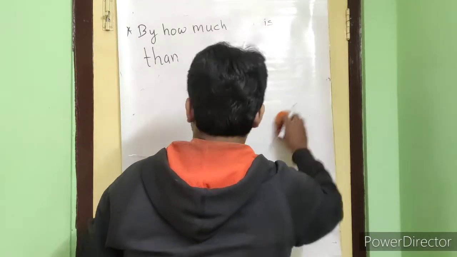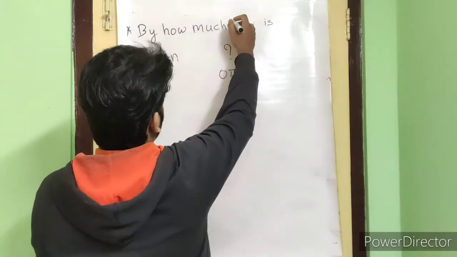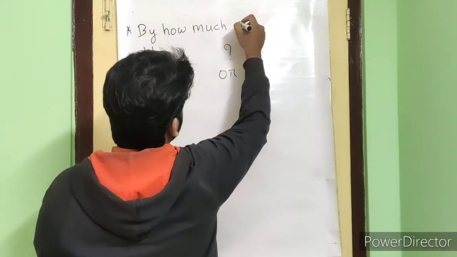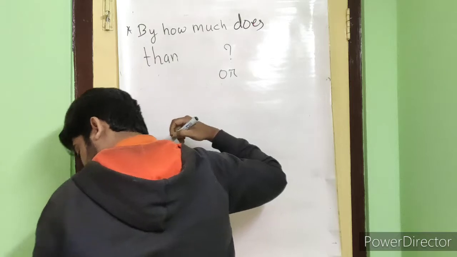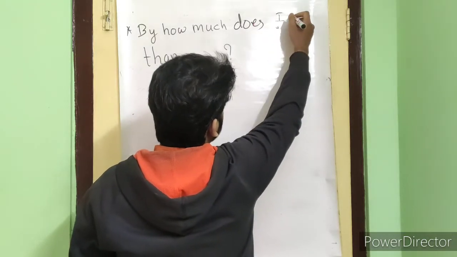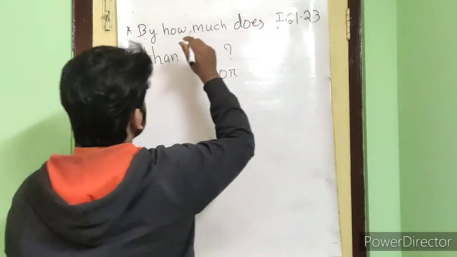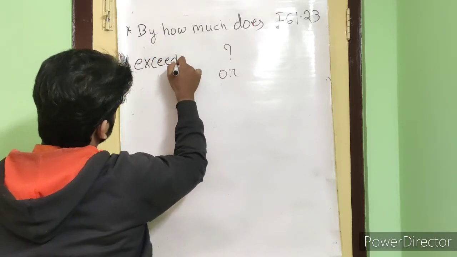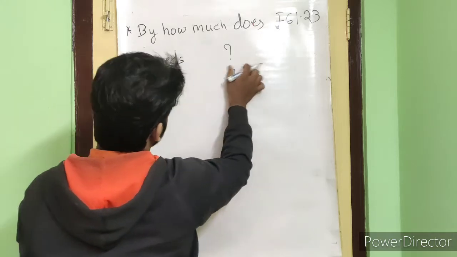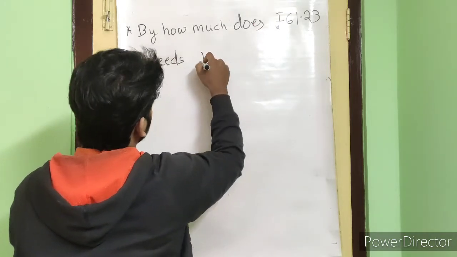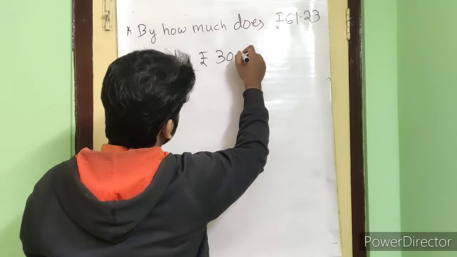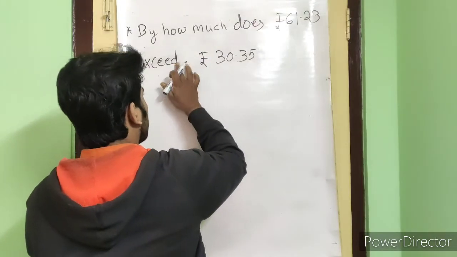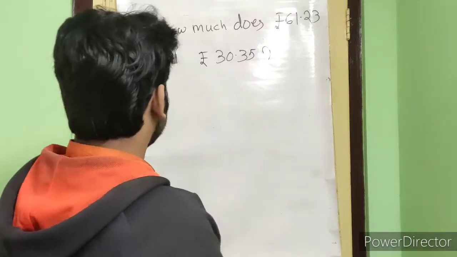By how much does rupees 61.23 exceed rupees 30.35, okay? So I am doing this by how much.